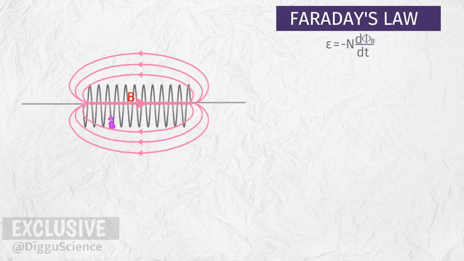Let's write Faraday's law. Epsilon is equal to minus N d phi dt. The value of N is constant. This value can be shifted to the derivative calculation. The value of N phi is simply Li.